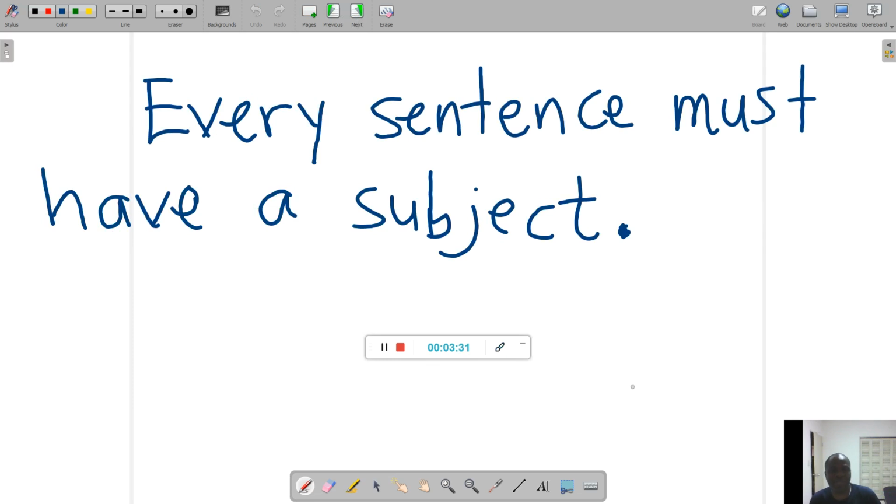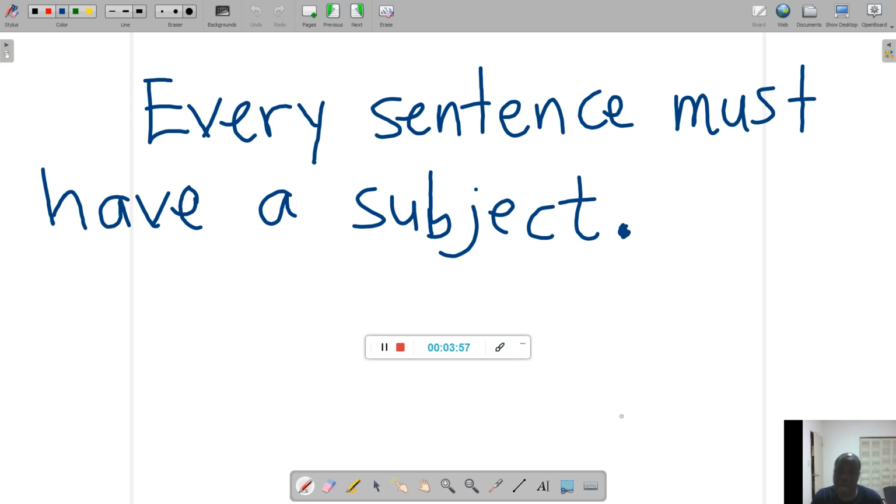Every sentence must have a subject. Very important. It has been stressed again. Repetition is very important. It's the same as saying that every word must have a vowel. Every sentence must have a subject.